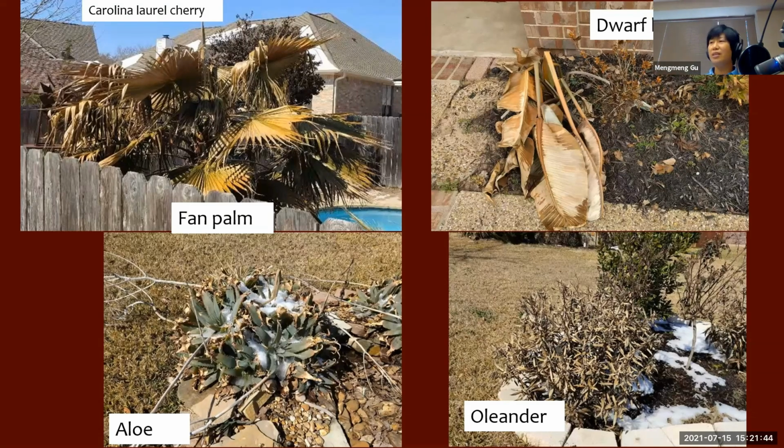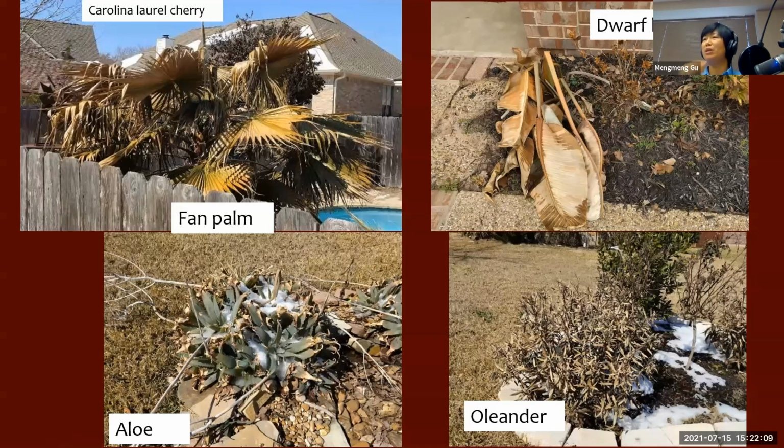So a palm next to the swimming pool, that's a very common scene here in Texas. So all these palms, like aloes, had huge damage. These aloes basically just turn mushy. Bananas just mushy. A lot of the fan palms are too.